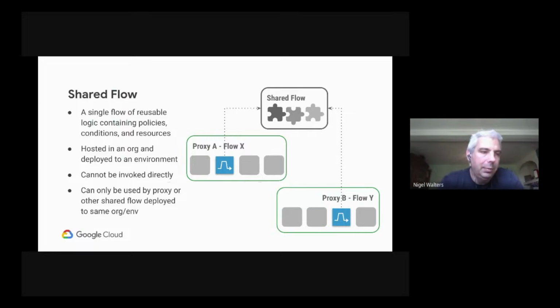They are deployed to your environments, and they cannot be invoked directly. They can only be invoked either as part of a flow callout call from a proxy that's deployed in the same environment where our shared flow lives, or in the context of being bound as a flow hook, which is something we'll look at in a moment.